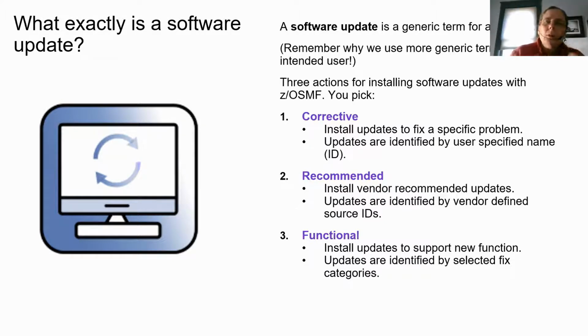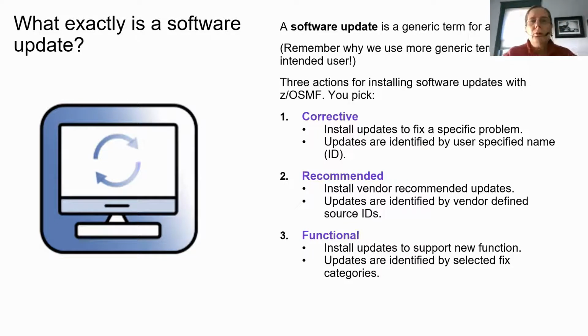So that's why we're using more generic terms within software update. We have the icon called software update, and we're talking generically about the ability to put on a fix or a Sysmod or a PTF.